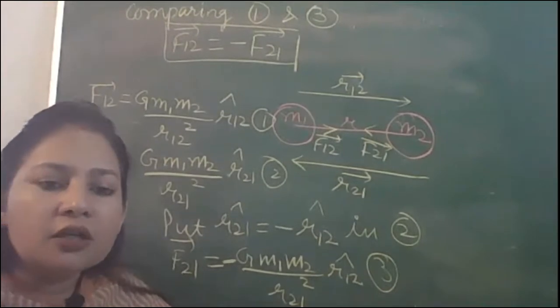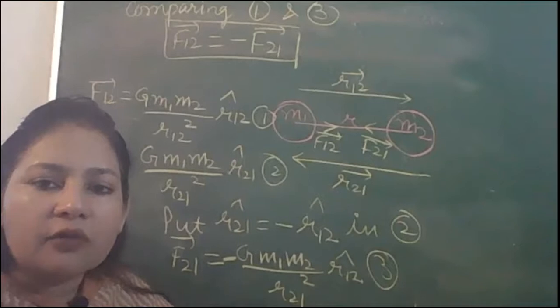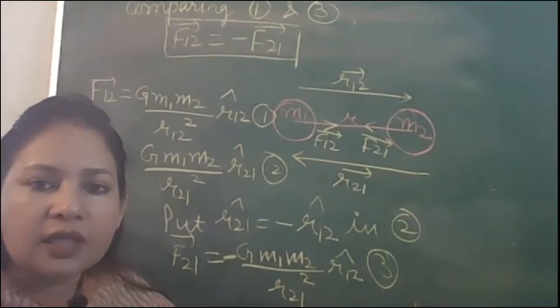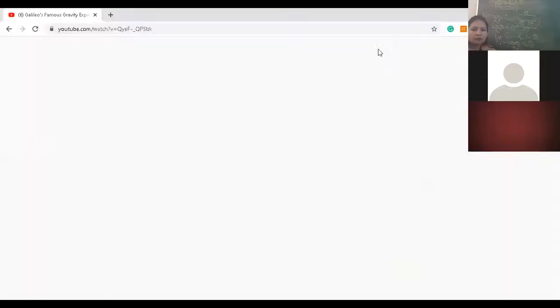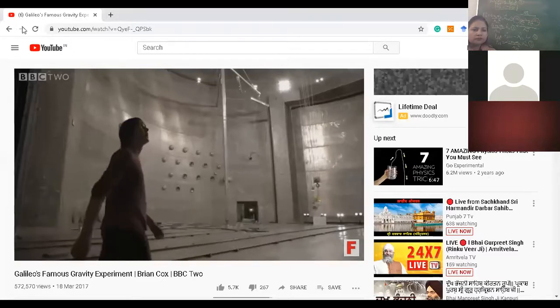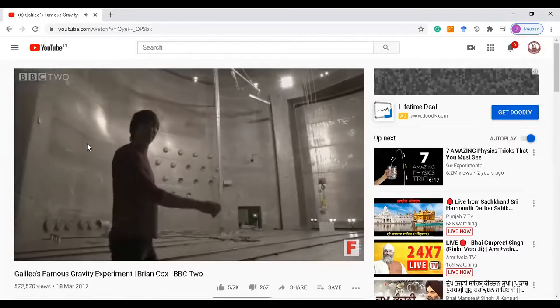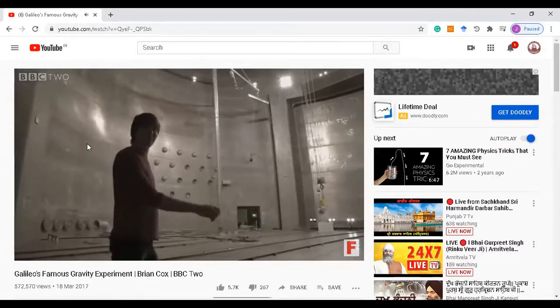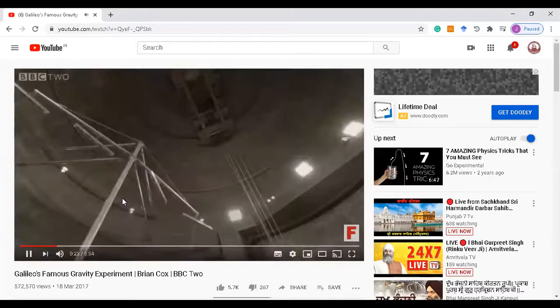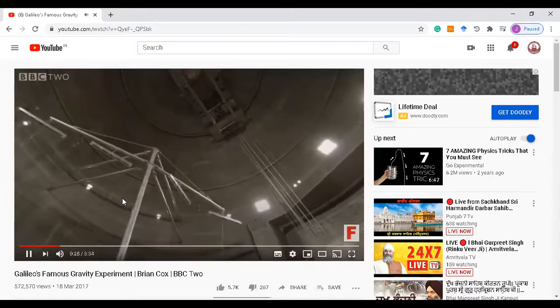So I'm going to show you one experiment that was conducted live to prove this concept, Galileo Galilei's experiment. Maybe sound is not heard. So he is standing in a big arrangement, a big vacuum chamber.